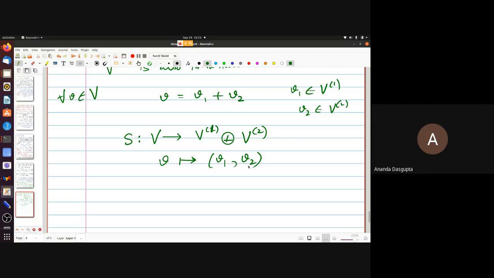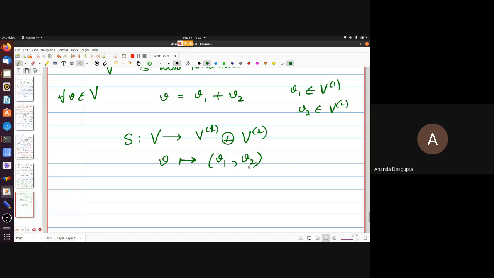By the way, why is this map a well-defined map? All I'm saying is give me small v, any vector in capital V, I can break it up into a vector in capital V1 plus another vector in capital V2.